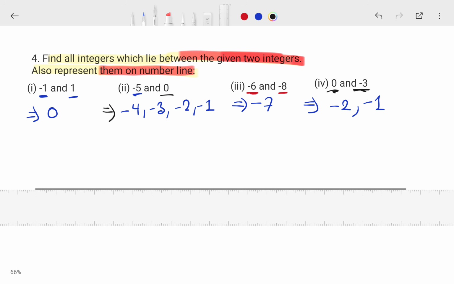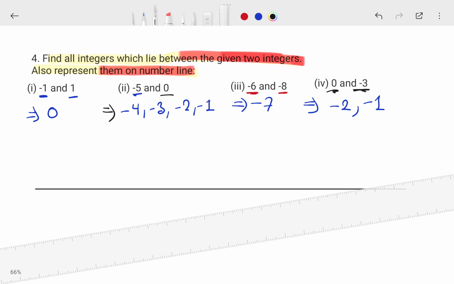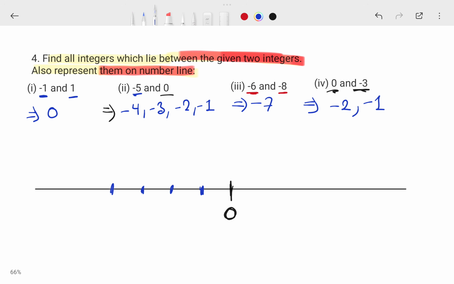I just draw a number line, and I put this one as 0. After that I will take, this is -1. Okay, now this is -1, this is -2, this is -3, this is -4, this is -5, -6, -7, and etc. Okay, this is 1 2 3 4 5 6 7.